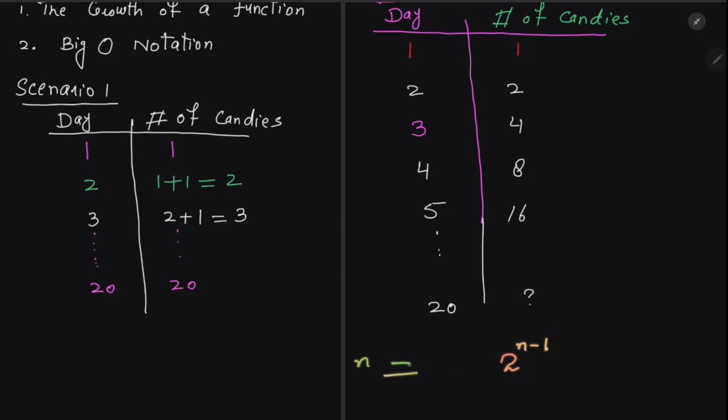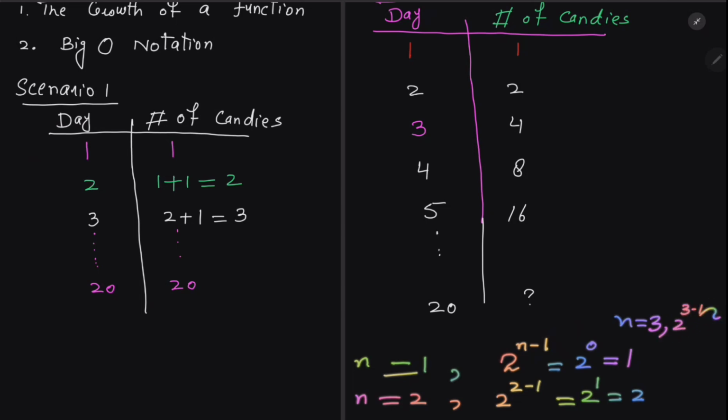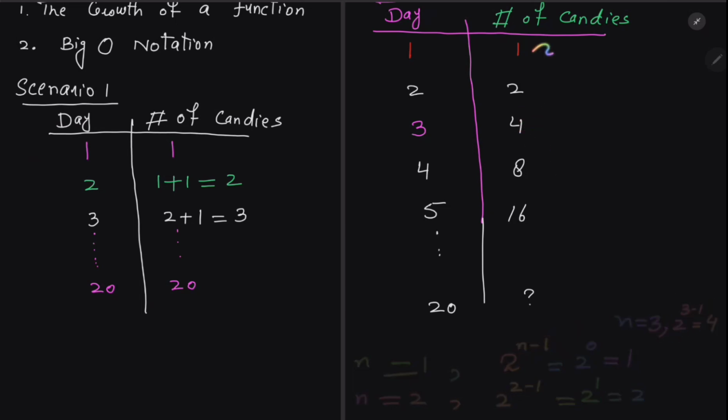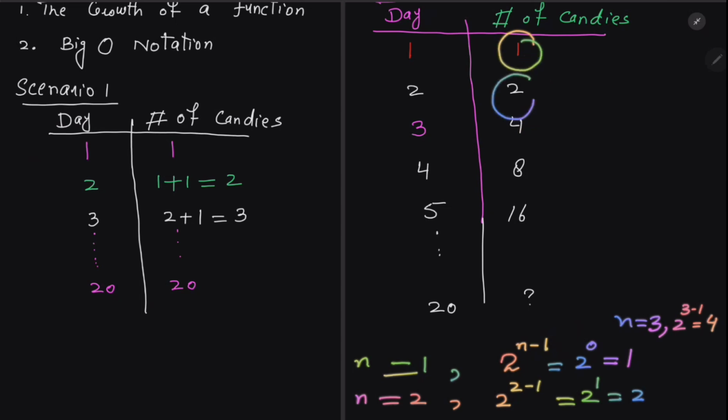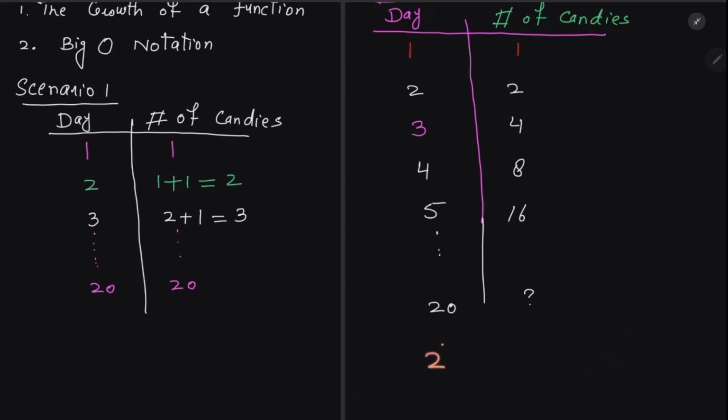When n is equal to 1, you get 2 raised to power 0, and we have 1. When n is equal to 2, we have 2 raised to power 1, and we have 2. Similarly, when n is equal to 3, then 2 raised to power 2, which is 4. So you are getting all the candies by this formula, 2 raised to power n minus 1.